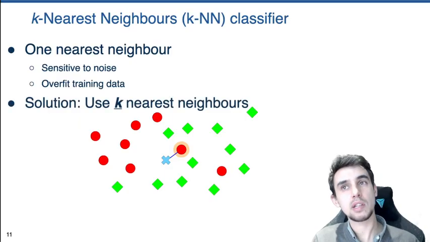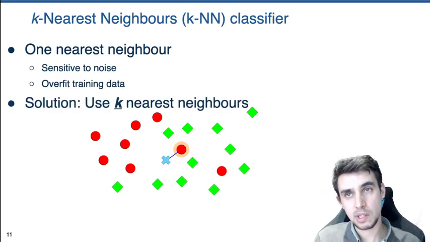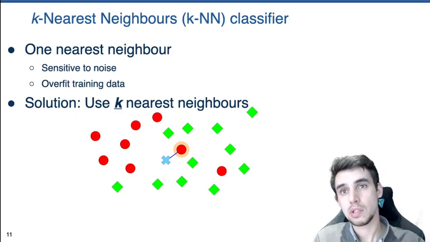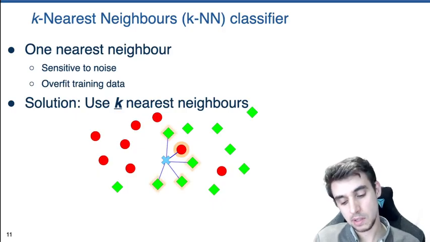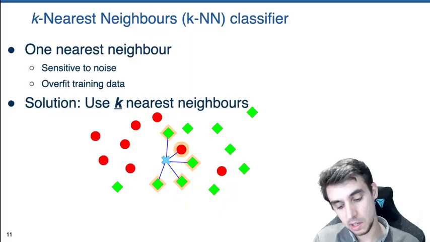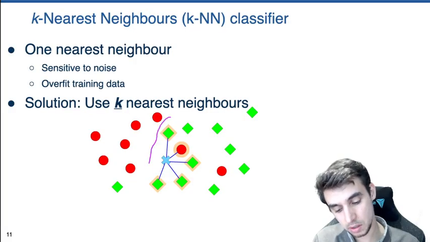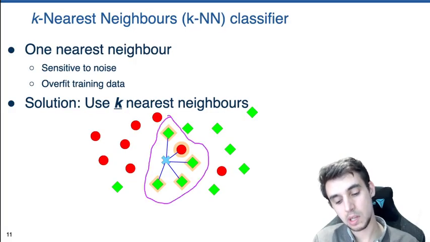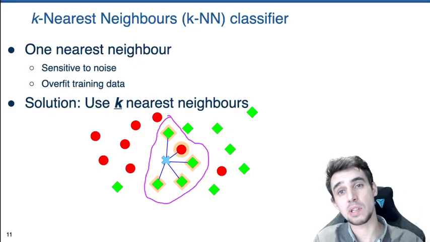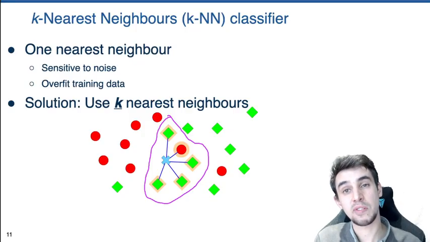Instead of using just one sample that can be quite sensitive to noise, we can use the k-nearest neighbors. In this case, instead of considering only the red dot as before, we consider 5 samples around, the 5 nearest samples.